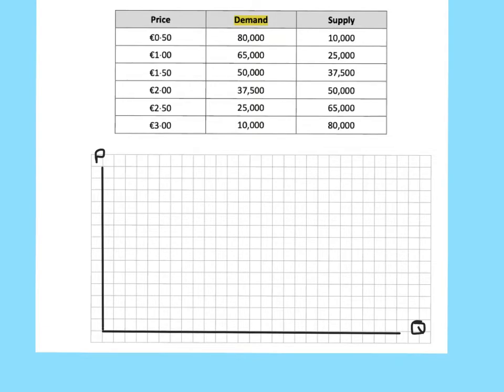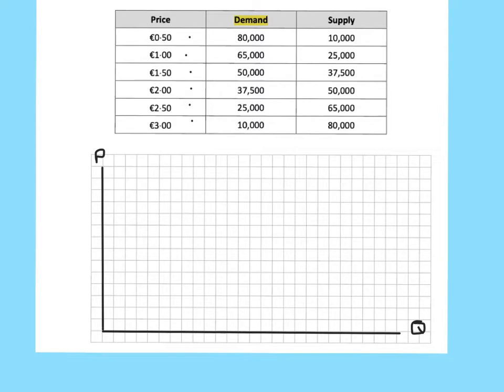Okay, so if I look here, my prices go from 50 cent up to €3. I have 6 prices. I have 14 boxes, so what I'll do is I'll do every 2 rows.